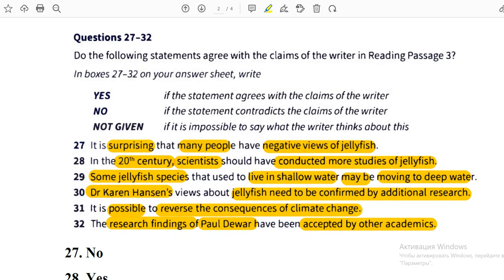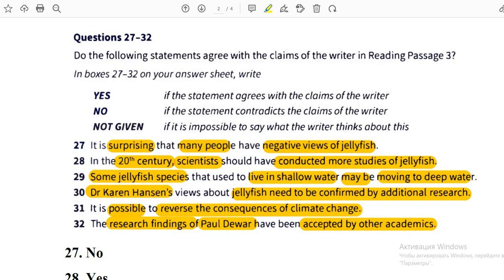First tip: the views or claims in the questions are in the same order as the information in the passage. Let's say your first task type of questions in the reading passage is yes, no, not given, it means your first located paragraph should be the first paragraph, then the second and third ones.